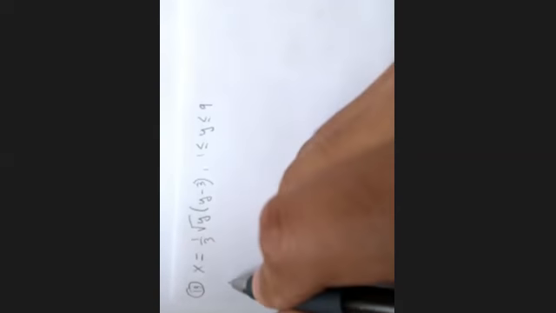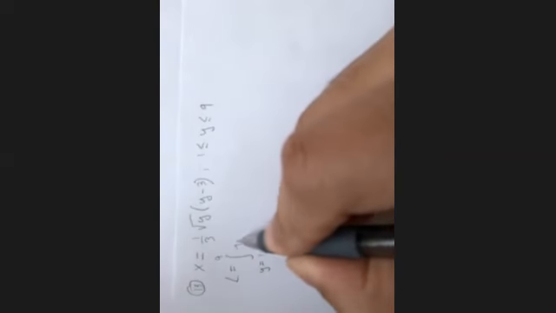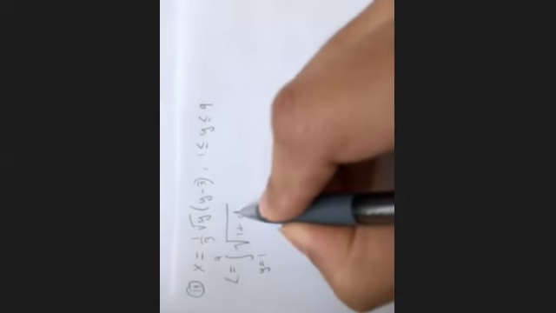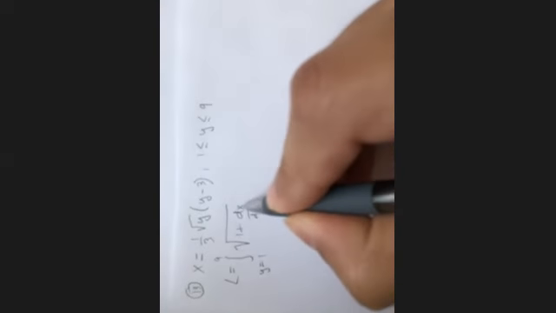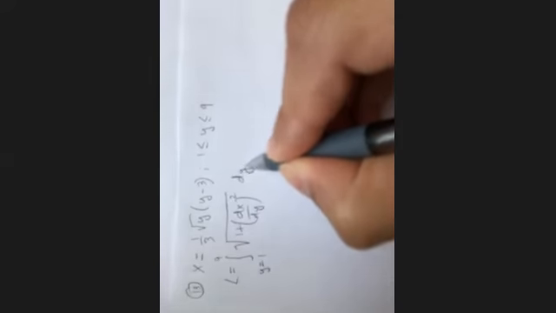The formula for the exact length of the curve will be... now since x is function of y, so we will have dx over dy squared dy. So here we are integrating with respect to y.